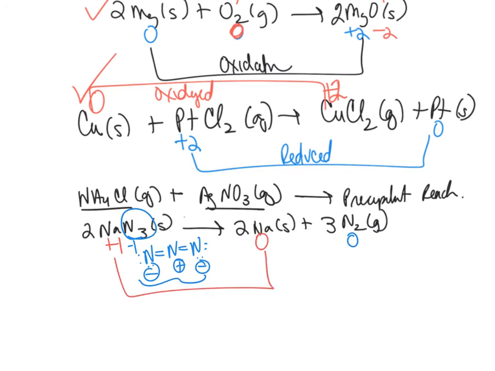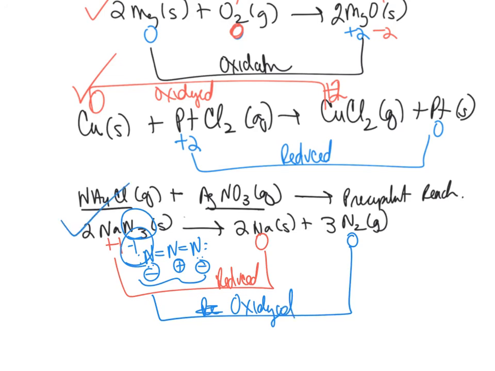So you can see sodium is being reduced, and the azide is going from -1 to 0, so it's being oxidized. What am I missing? -1 to 0 is oxidized. Yeah, if I have -$1, I'm in debt, and I go to 0, that's moving forward, so oxidized. So yes, that would be a reduction oxidation reaction.